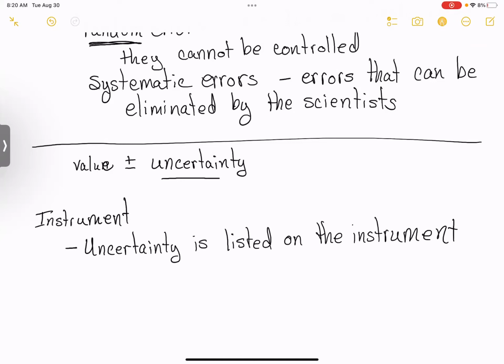You will know that it's the uncertainty because it will follow this plus minus that you will see on the instrument itself.